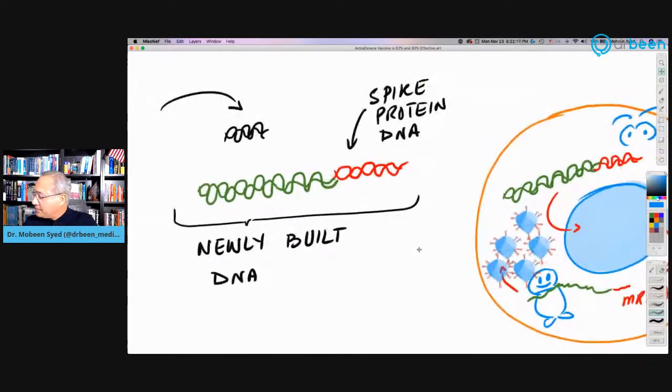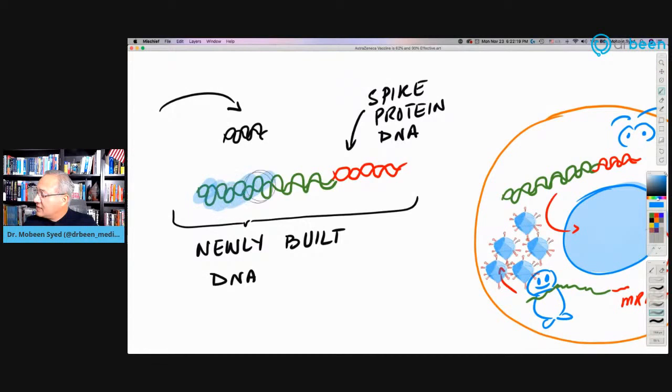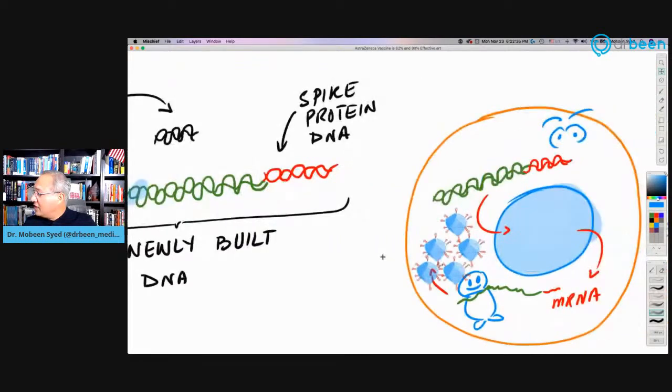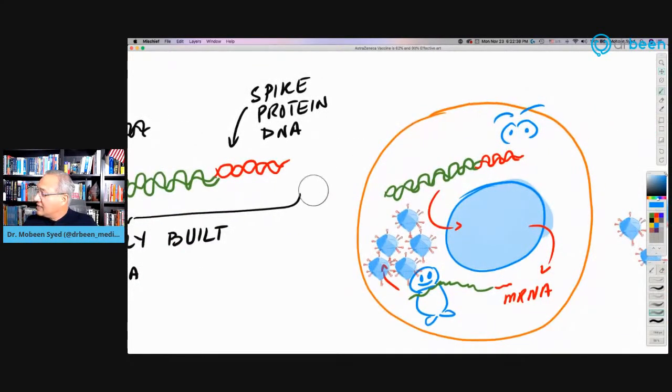Now can I say that this genetic material here has all the information to make a new adenovirus plus make the SARS-CoV-2 spike proteins? They take this DNA and they give it to another cell, a cell here.